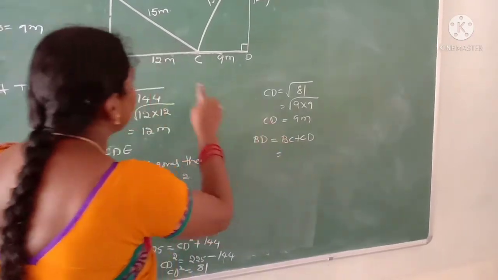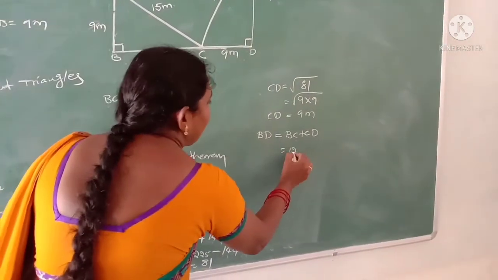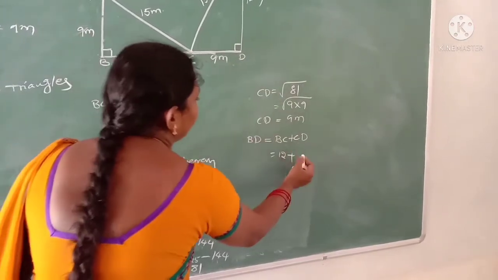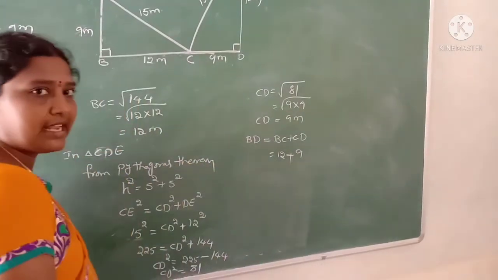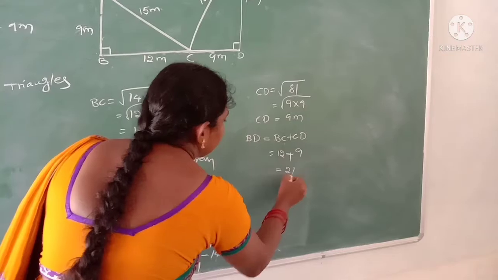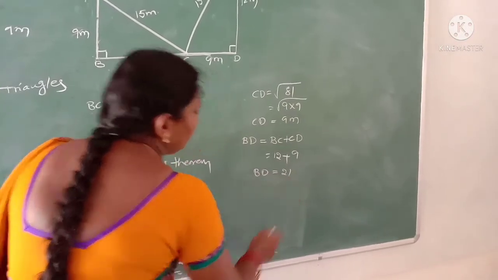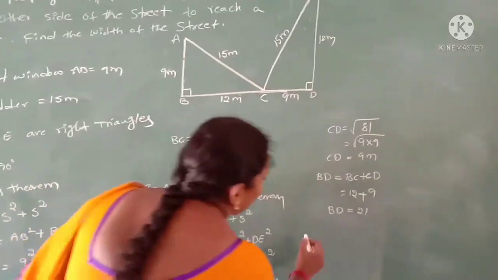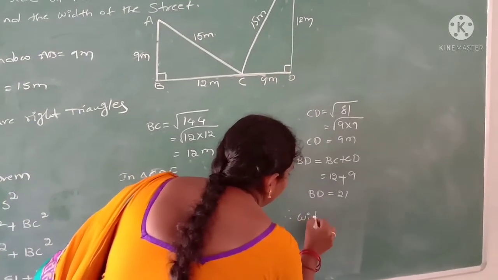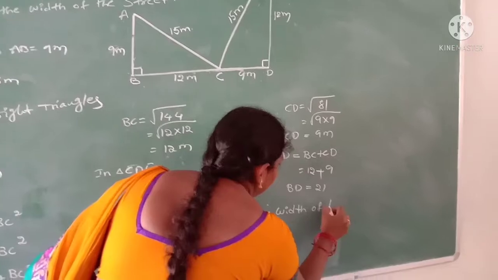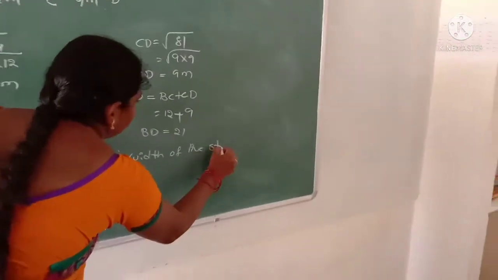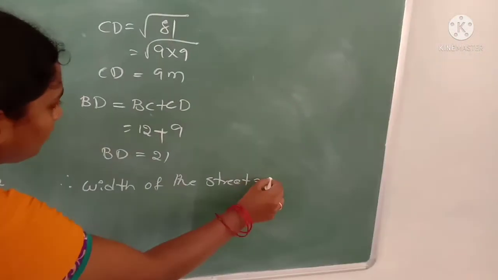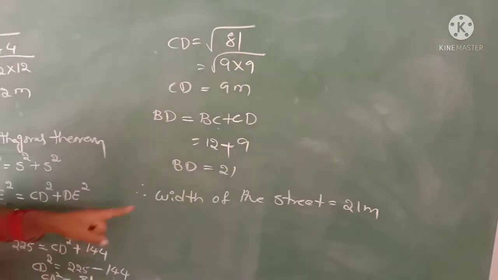Write the BC value 12 plus the CD value 9. So 12 plus 9 is 21 meters. BD equals 21 meters. BD means the width of the street. So the width of the street equals 21 meters.